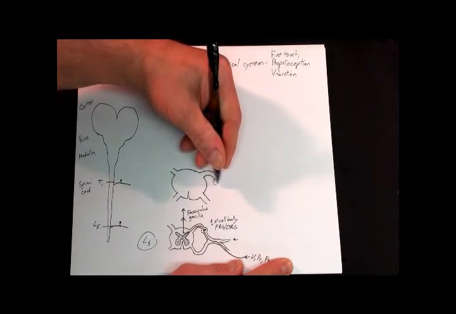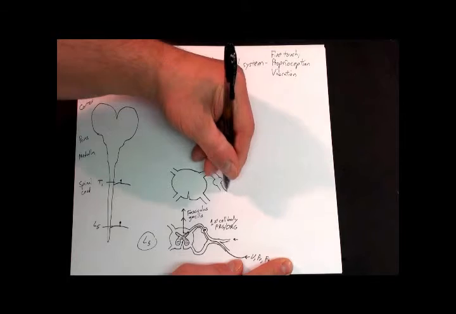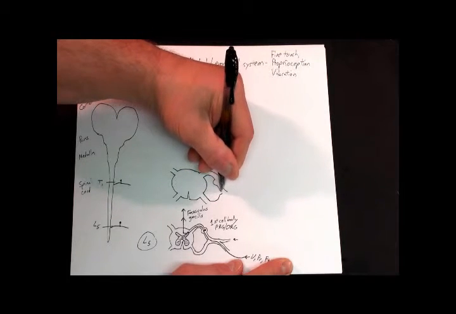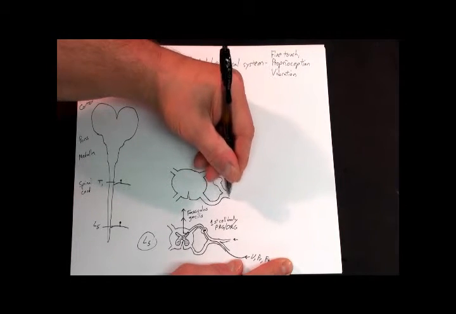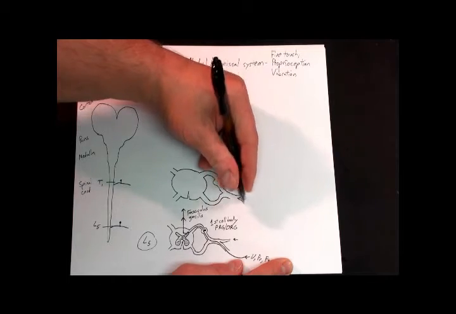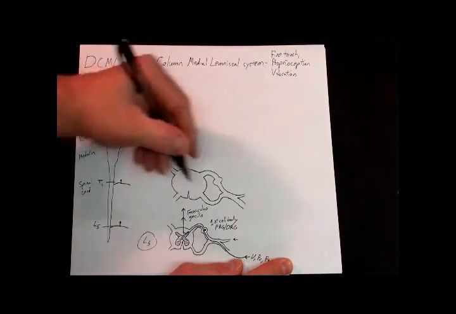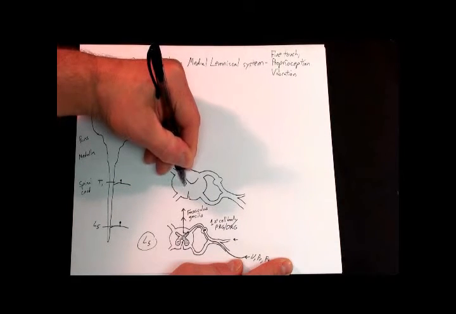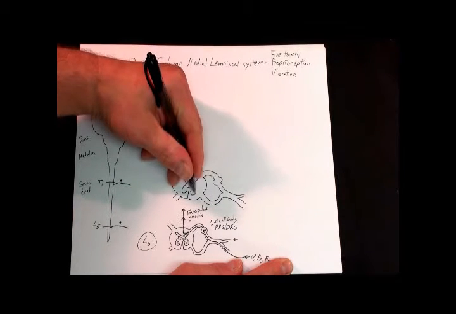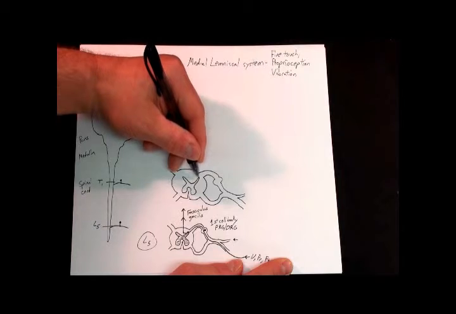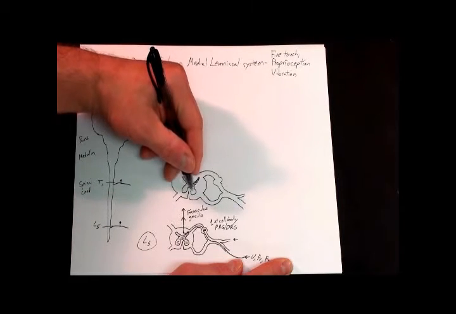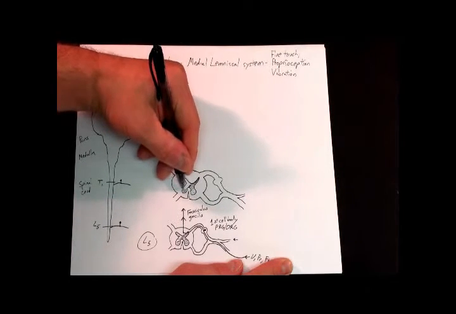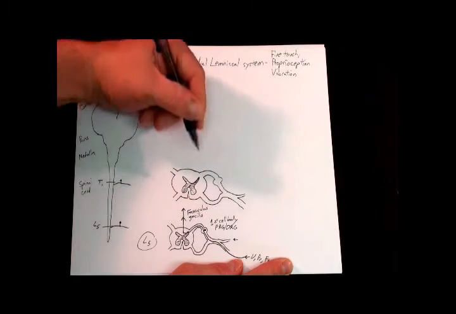All the same material: posterior root ganglion, posterior root, anterior root, spinal nerve, posterior ramus, anterior ramus, etc., etc. And we've still got gray matter hanging out in the center, ventral horn and dorsal horn in the spinal cord, and a little central canal we'll draw in.